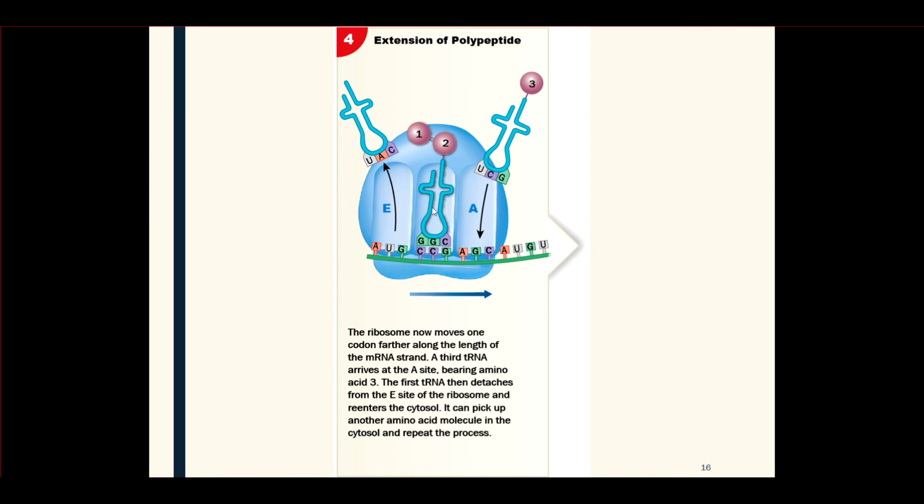That's the zone where we make the protein, and that now frees up the A area for a new transfer RNA to come in. That's carrying the third amino acid. So what would be the base pairing? A goes to U, G goes to C, C goes to G, right? So the anticodon of the next transfer RNA should be UCG.